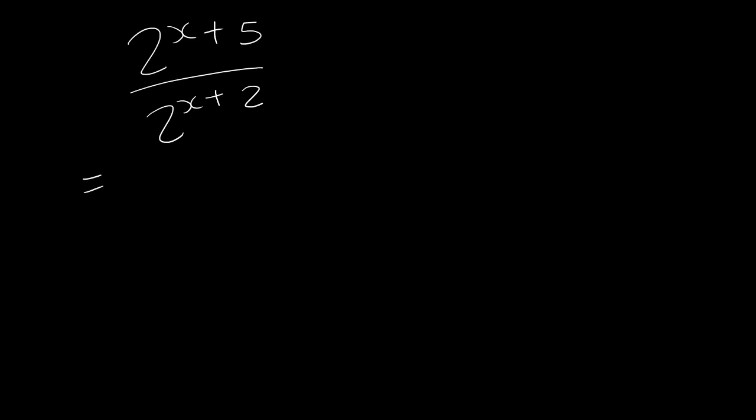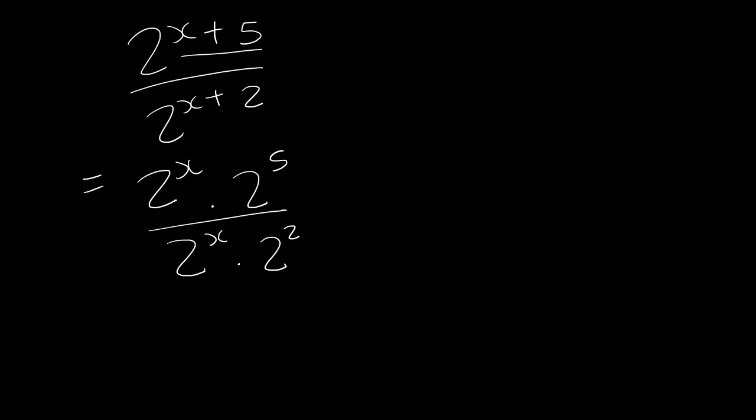So let's do another example. Let's take 2^(x+5) divided by 2^(x+2). Now we need to use the principle where we separate this part here. So we've got 2^x times 2^5 divided by 2^x times 2^2.